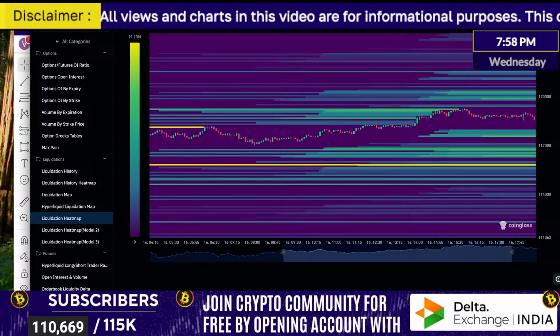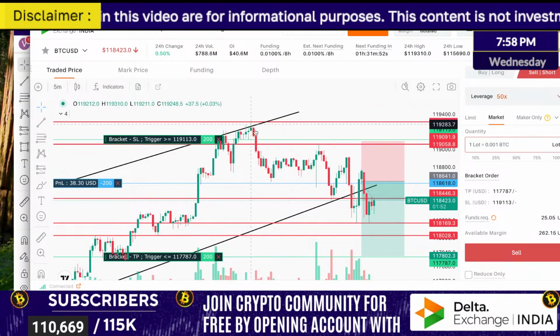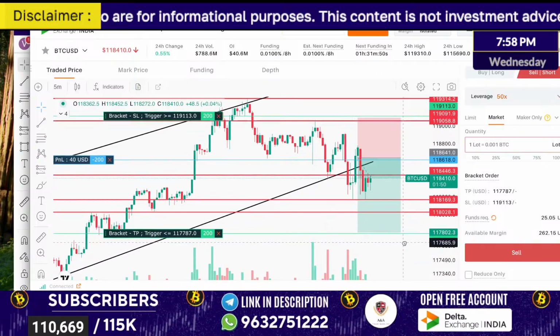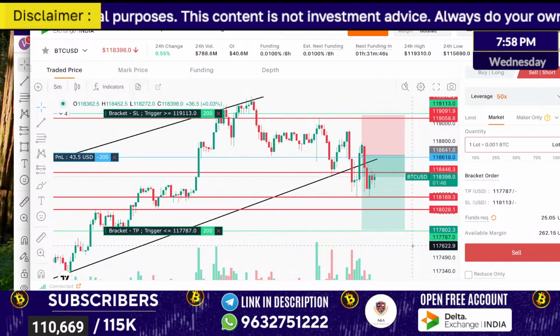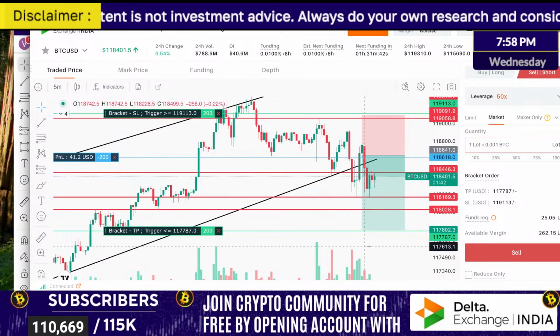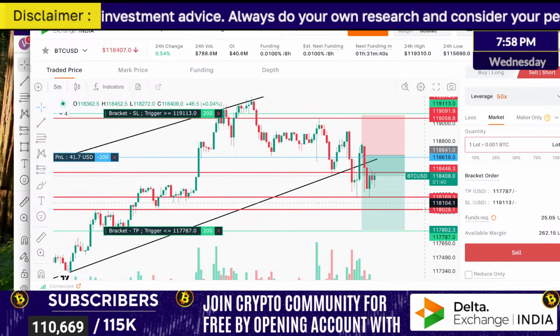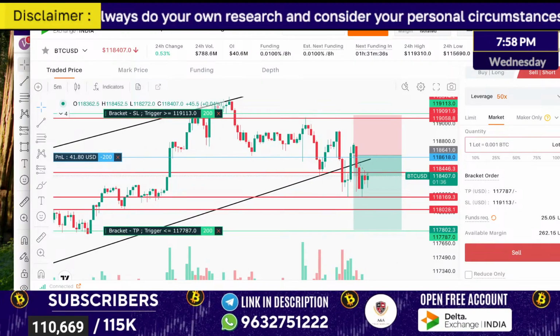So my upper resistance, the maximum resistance, is this one. Hopefully the market will not go up to that zone, is my expectation. But the more sideways, the more pressure it creates. Things become boring.